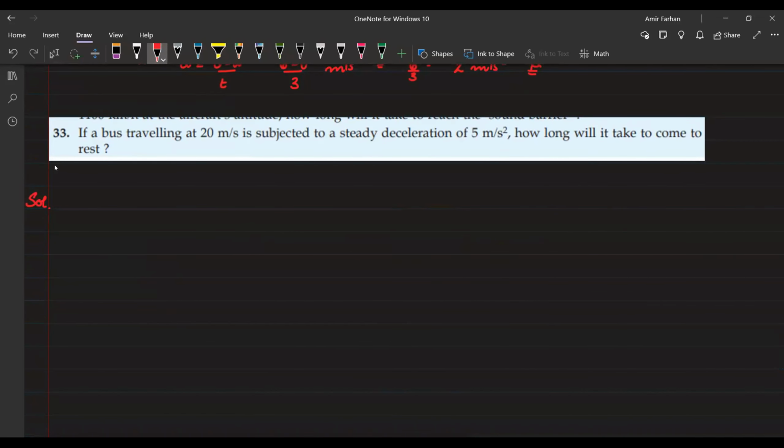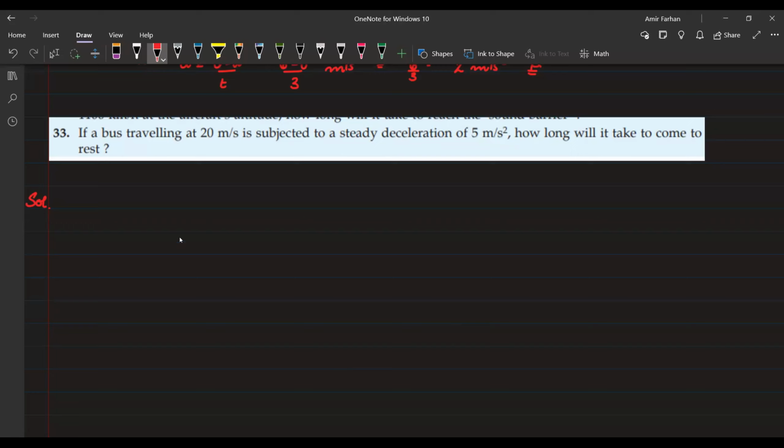Now look at the question. A bus is traveling at a speed of 20 meter per second. Is this final or initial? Initial.